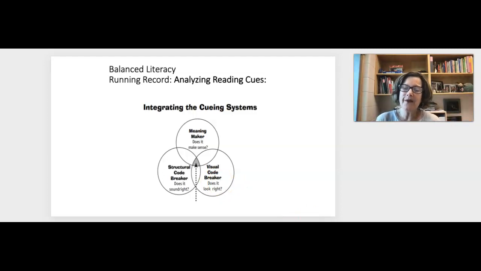However, know that this idea of teaching children to read by asking, does it make sense? Does it look right? Does it sound right? Is absolutely being challenged by cognitive scientists, reading specialists, and teachers, as they are finding that more and more students are not learning to read using this system to an adequate level by grade 3.